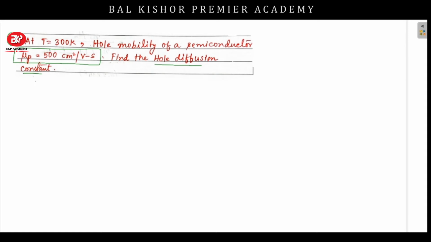That means mu p is given, the mu p value is 500 centimeter square per volt second. Temperature is given, the temperature is 300 K. So we have to find the hole diffusion constant, that is Dp, and where will I get it from? I will get it from the Einstein equation. The Einstein equation is a very important equation that will be used in the numerical.